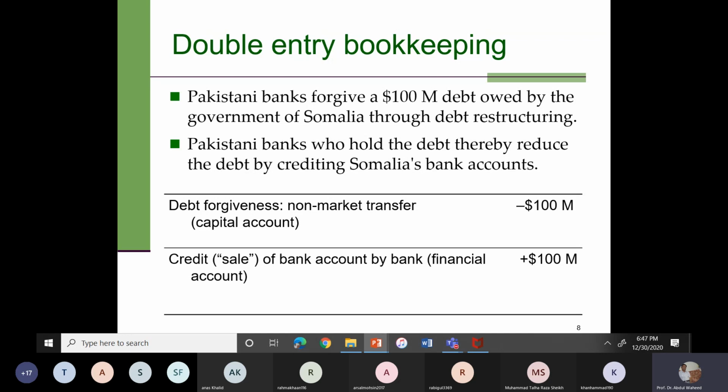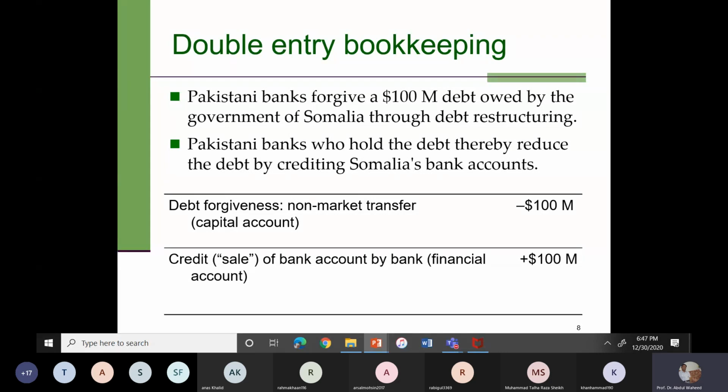Okay, this is a non-market transfer. So minus 100 million, and then again because it is a sale of a bank account by your side, it will be a plus 100 million in the financial account.